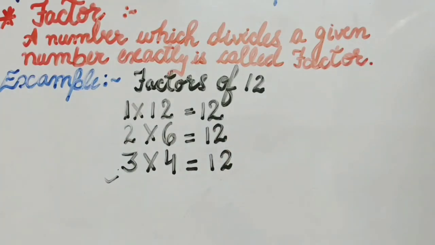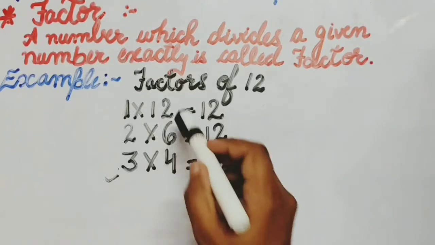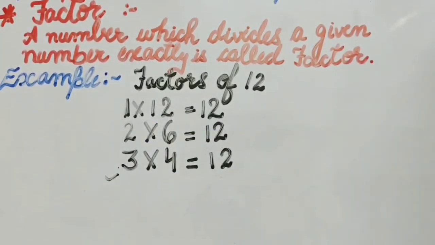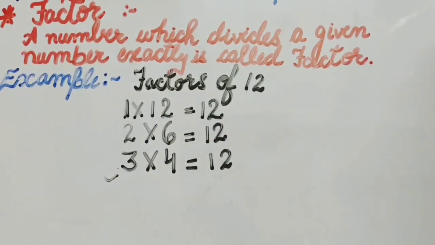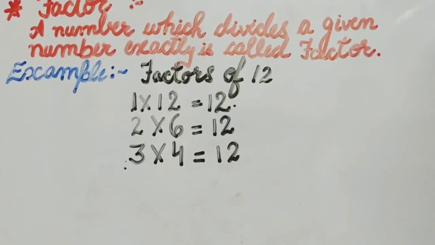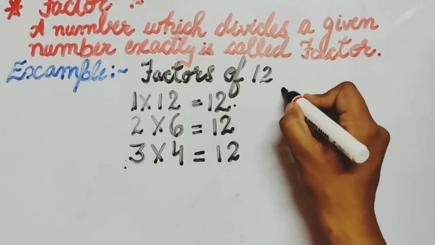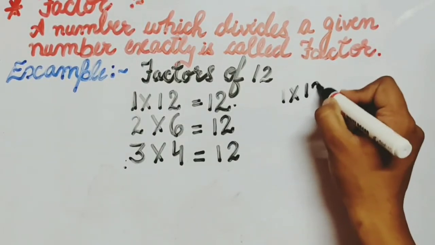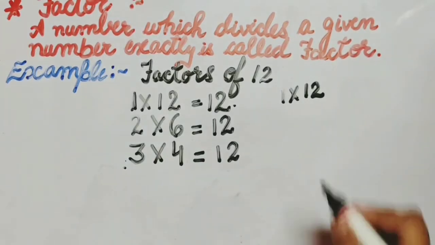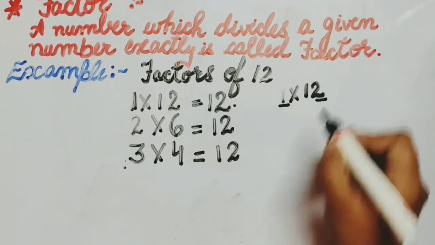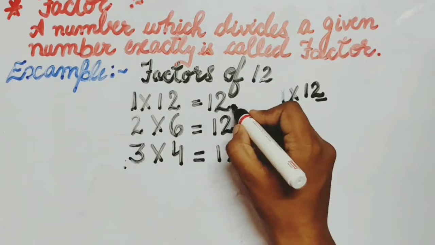Students, we have to find the factors, and these are our factors. First of all, look into the matter. My first pair is 1 into 12. So let's divide the product by both factors.